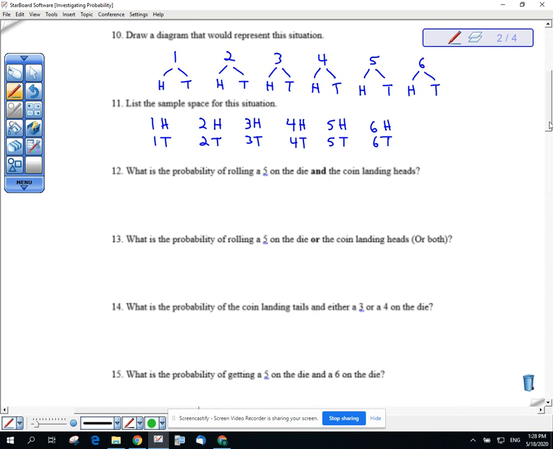So looking at 12 there, what is the probability of rolling a 5 on the die and the coin landing heads? Well, rolling a 5 on the die would be 1/6, right? A normal standard die that you get in your Monopoly game or whatever, 6-sided die, would be 1/6.